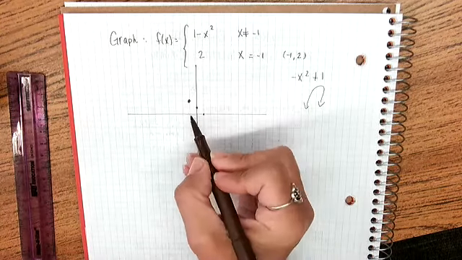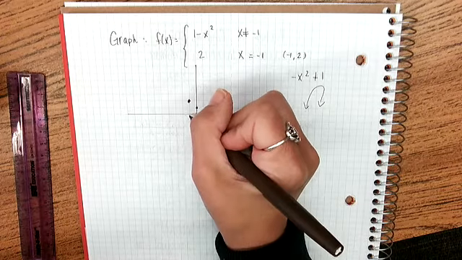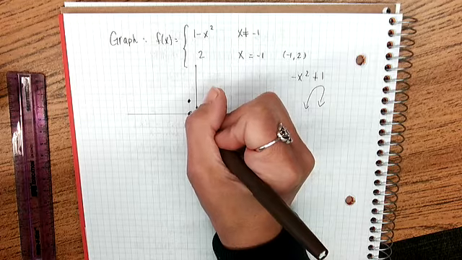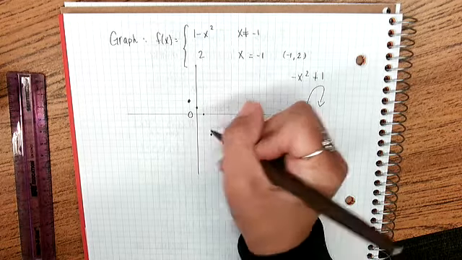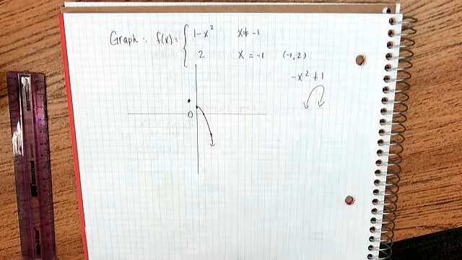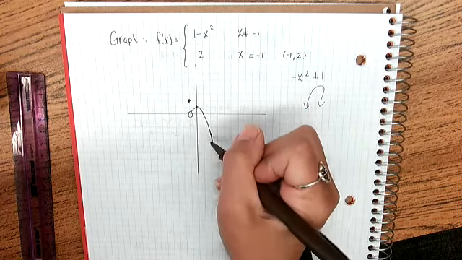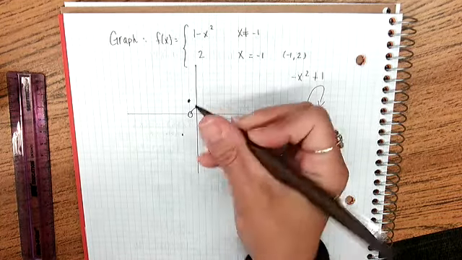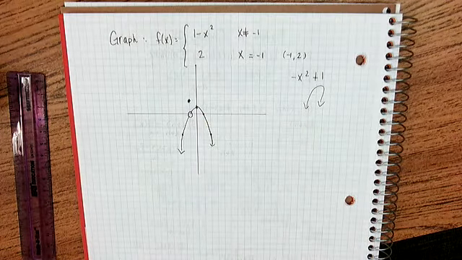And then normally here, this x-intercept, I would have a closed circle, but it's not included. You need to have nice graphs on graph paper. And there you go.